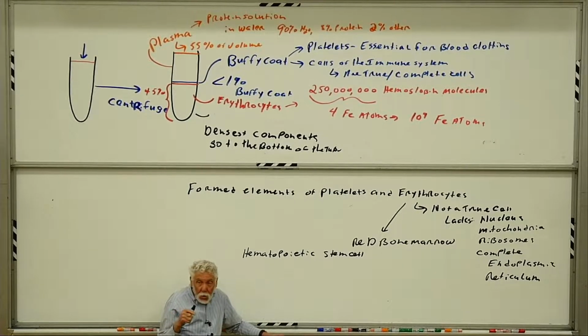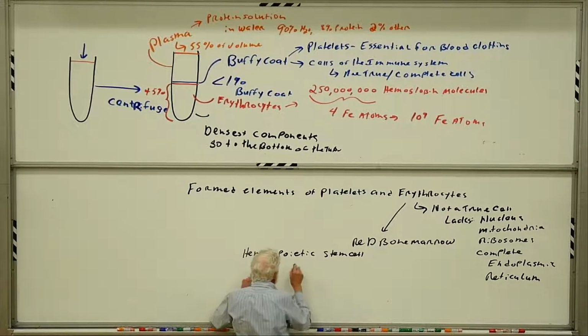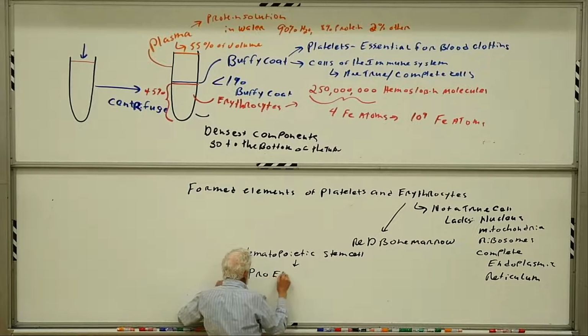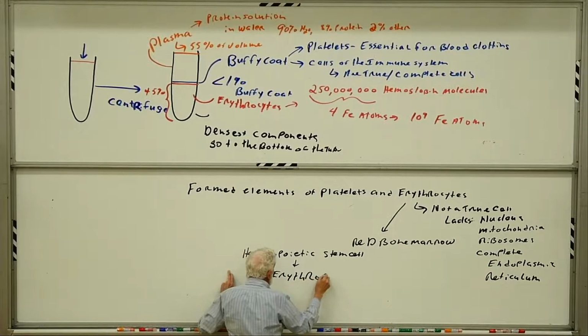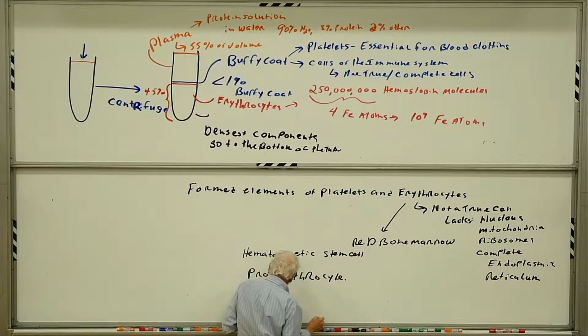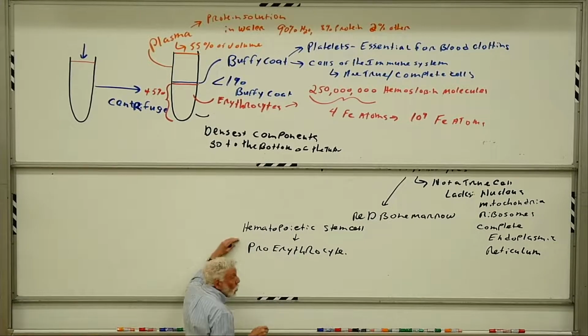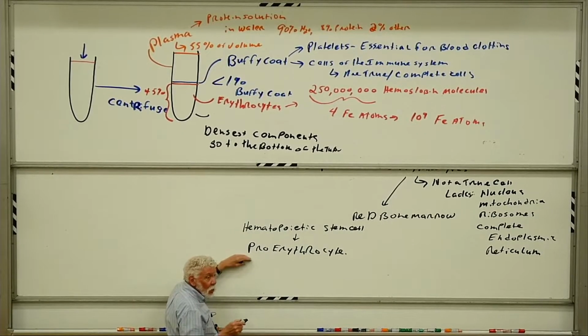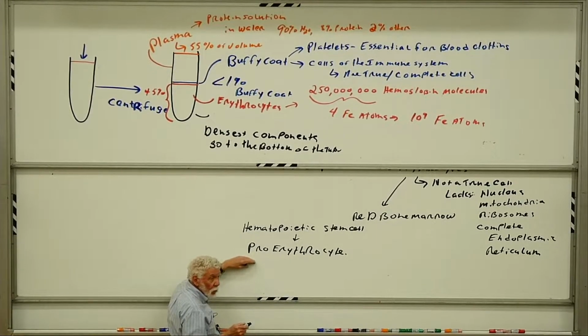They can grow into erythrocytes, they can grow into all the cells of the immune system, they can grow into something called megakaryocytes, so they can go in any of those directions. But if they get the right growth factors, these hematopoietic stem cells will now mature into a cell type called a pro-erythrocyte. So the pro-erythrocyte is this hematopoietic stem cell that's on its way to being developed into a proper erythrocyte.